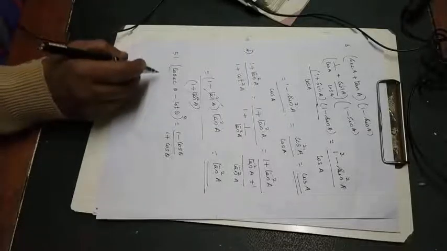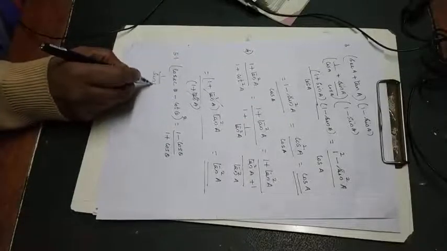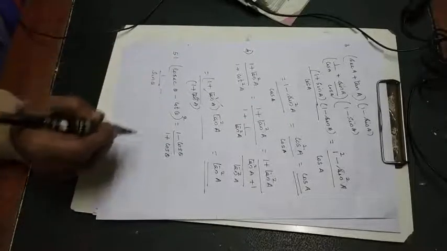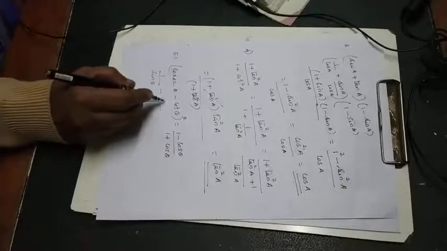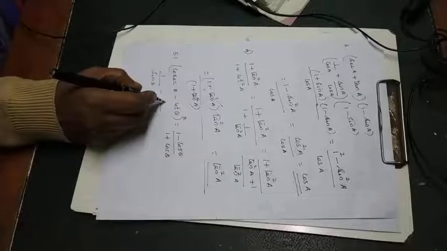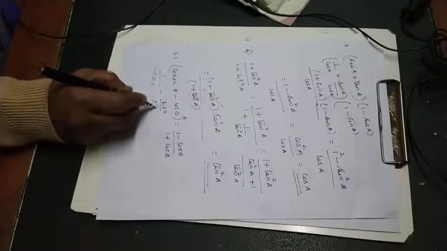Now first one, cosec theta minus cot theta the whole square is equal to 1 minus cos theta by 1 plus cos theta. So cosec theta you can write as 1 by sin theta. Cot theta you can write as cos theta by sin theta.